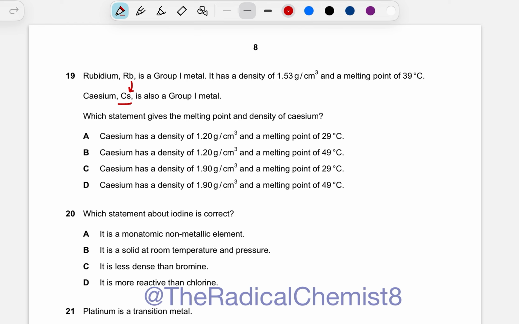Normally as you go down group 1, density will increase, because density is mass divided by volume. As you go down, atom size gets bigger, so volume will be bigger and mass is also bigger. So your answer is either C or D. And it's talking about melting point. As you go down group 1, melting point also increases. So your answer is D.